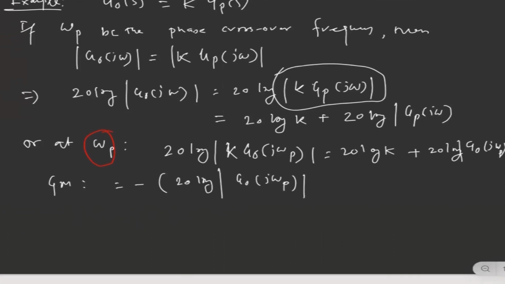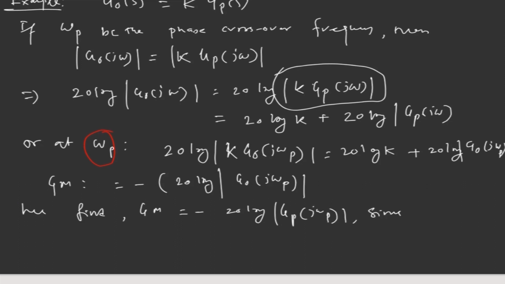So, or we can write, we find GM as minus 20 log Gp j omega p, since, okay, now here we are not taking this part, we are taking this part only, because here omega p is not coming into the picture. In this part only we are getting the omega p.